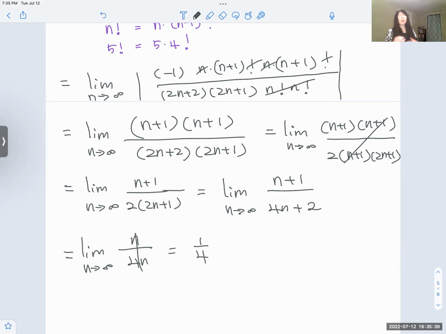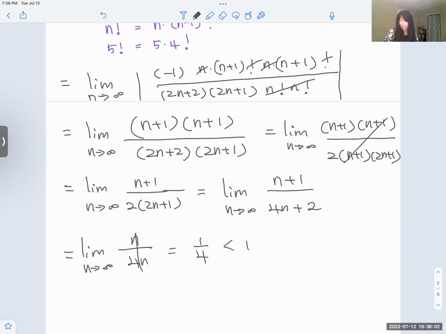Okay, so how do we determine whether it converges or diverges? Converges. It's less than 1.